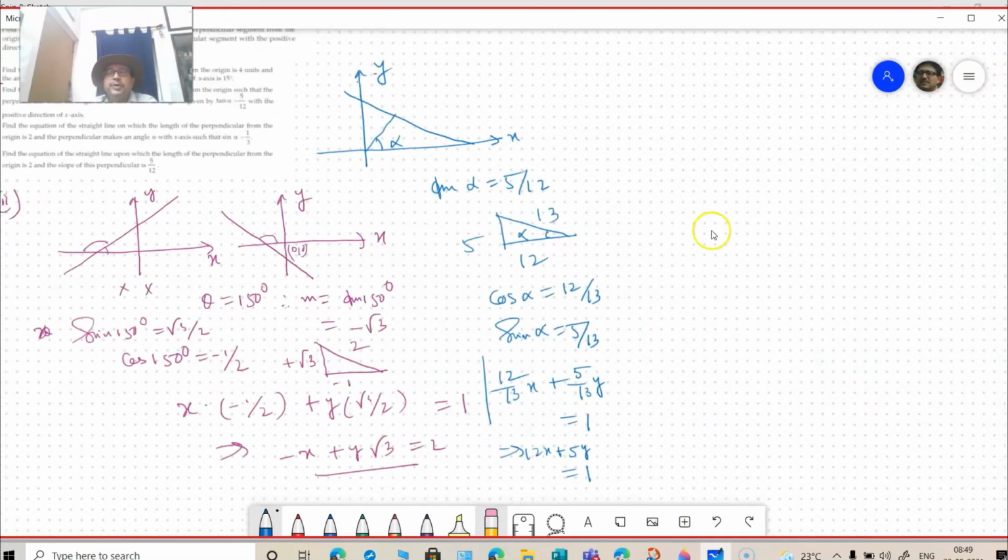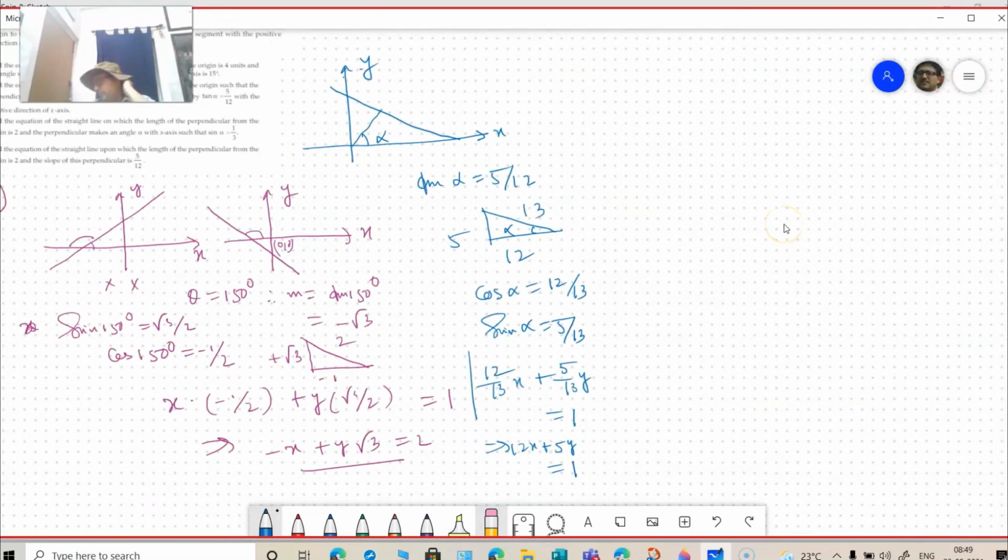Now I am going to show you one technique where the general equation can be converted to all the forms you have learned, all the four forms or five forms. Basically, we are interested to convert this into slope intercept form, number 2 into intercept form, and this normal form. Okay.